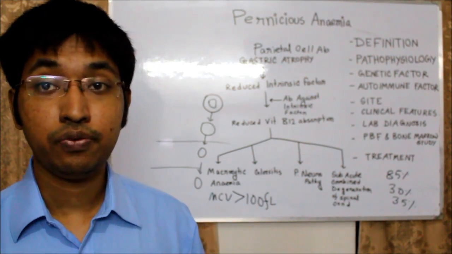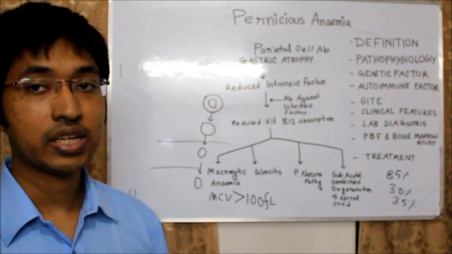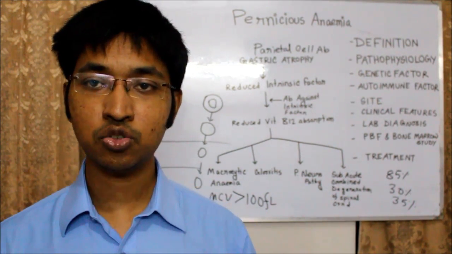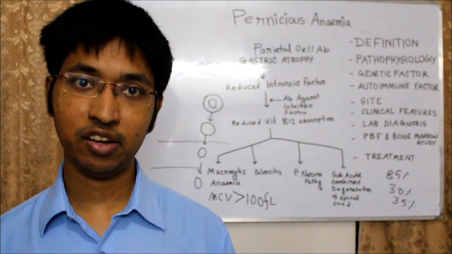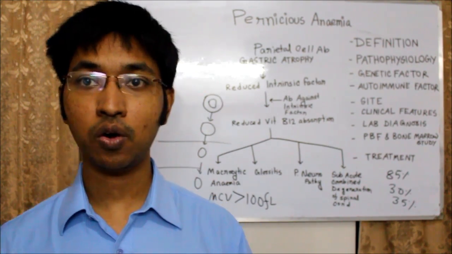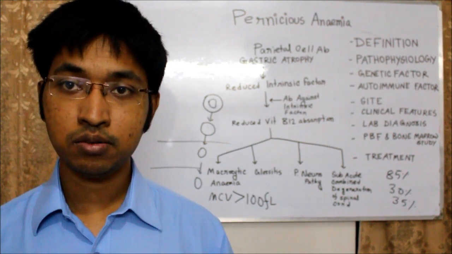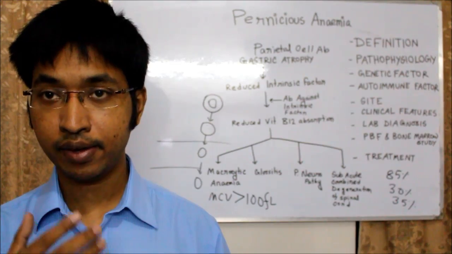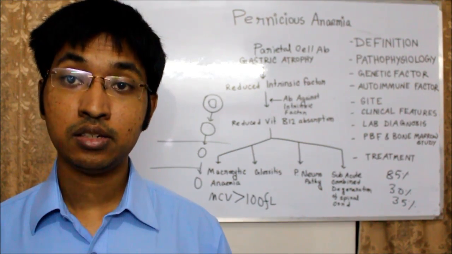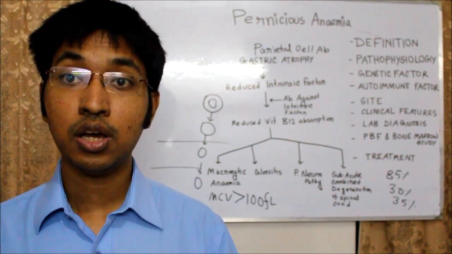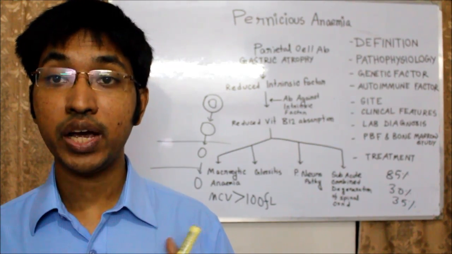The second clinical feature we have already discussed, glossitis. Now the patient won't come to you and say, "Doctor, I have glossitis." What will be his or her complaint? One thing the patient may say is that they are having pain in the tongue, sometimes maybe in the whole mouth, and the tongue will be red.